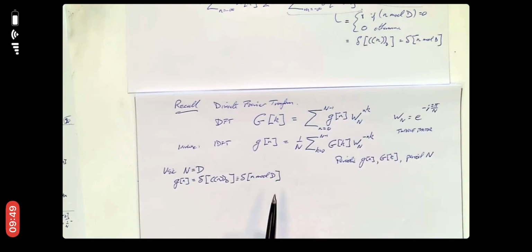Delta of n mod D has period D, because every time n is 0 or D or 2D or 3D, there will be an extra delta function at that point.